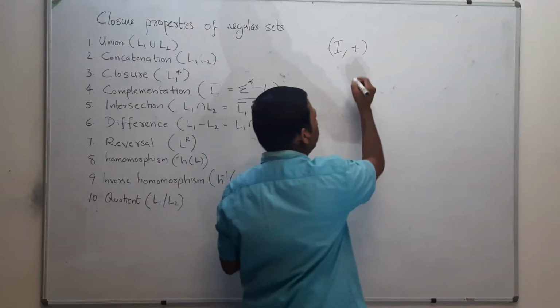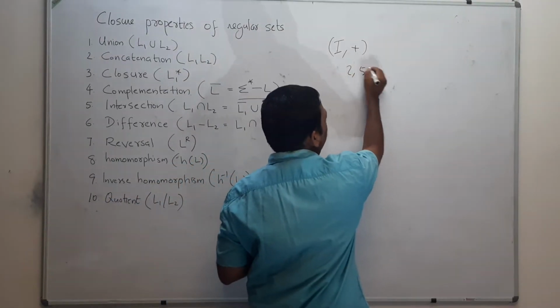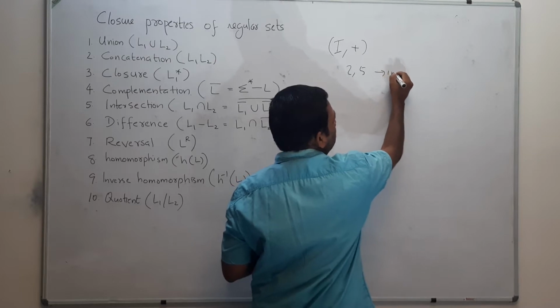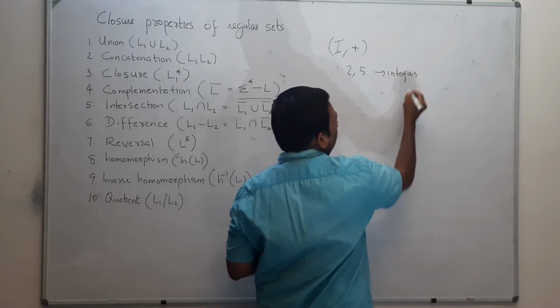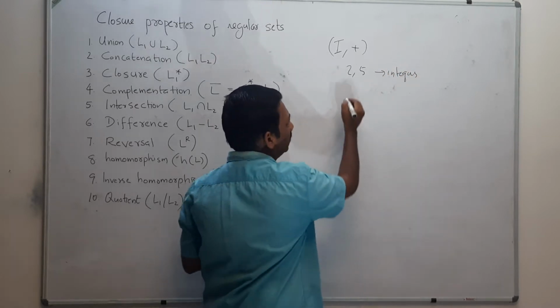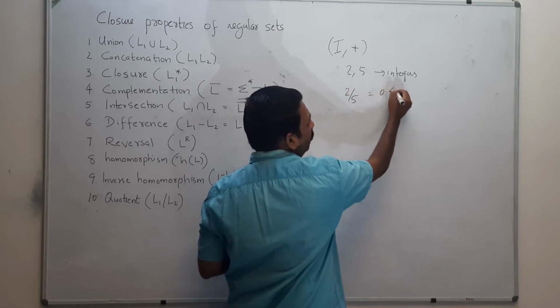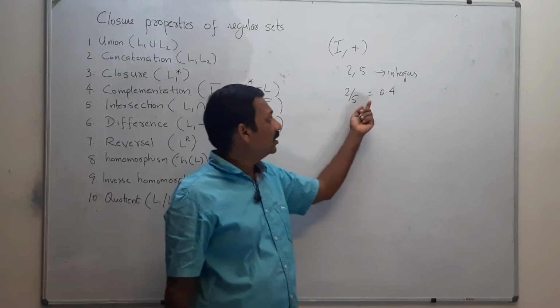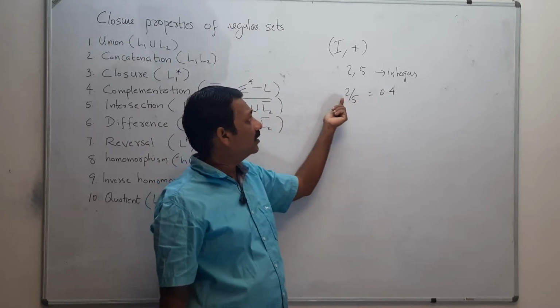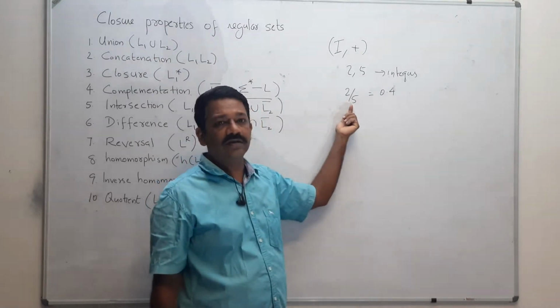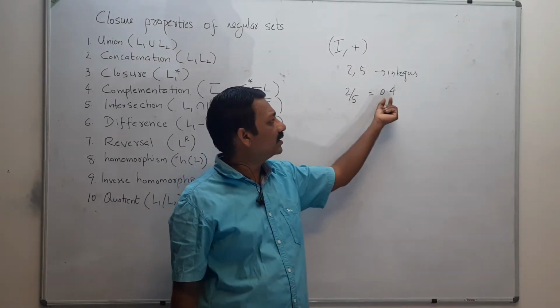Why? If 2 and 5 are two integers, and you find 2 by 5, what is that? It is 0.4. That means when you divide an integer by another integer, the result is not an integer.